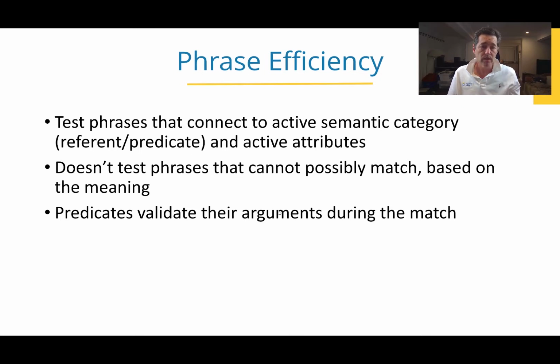And I've already said that the phrase efficiency is very high, because by connecting the phrases that you test to the current attributes, you're not testing phrases that aren't current attributes, which means you don't have to test a very large number. So, for instance, as you have attributes that relate to particular types of phrases, you only have to check those particular types of phrases.